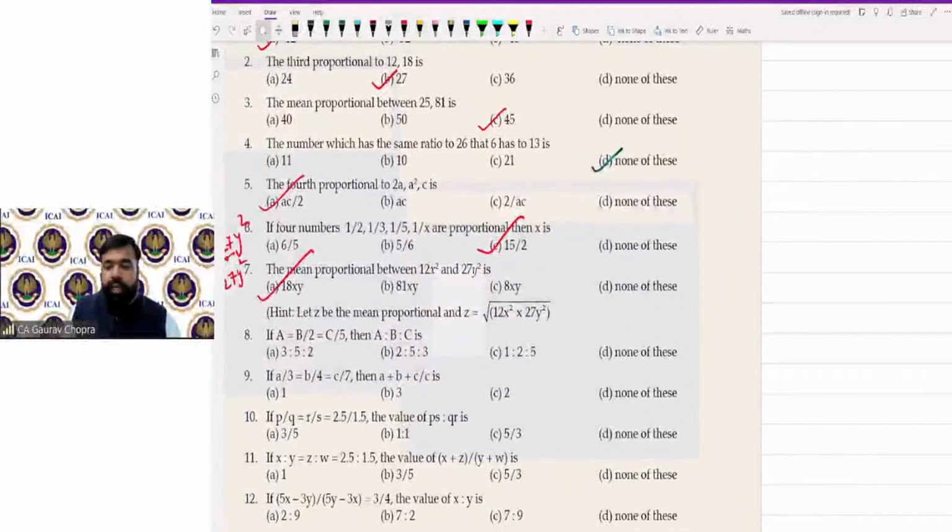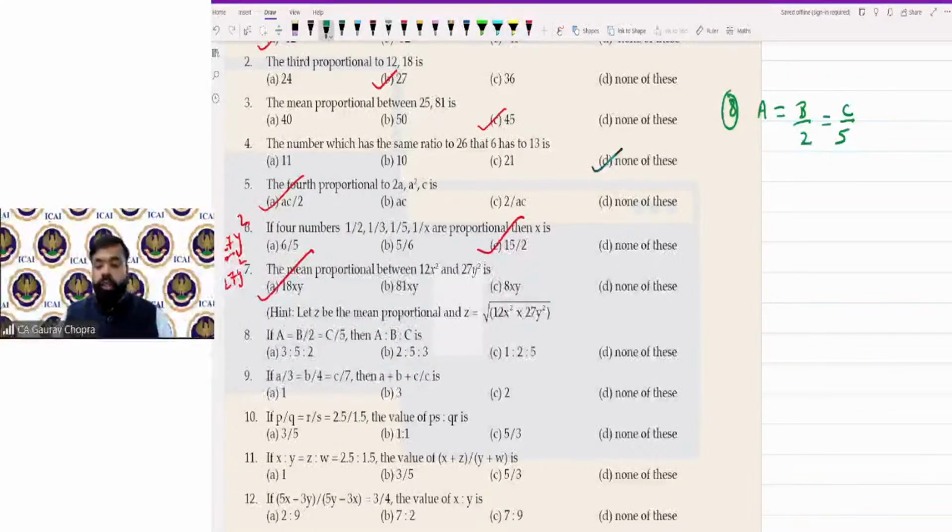Now question number 8 says A is equal to B by 2 is equal to C by 5. Now you have to find out the ratios.